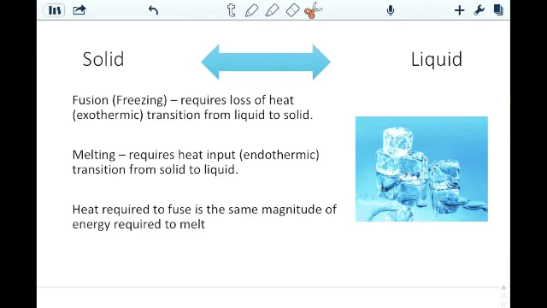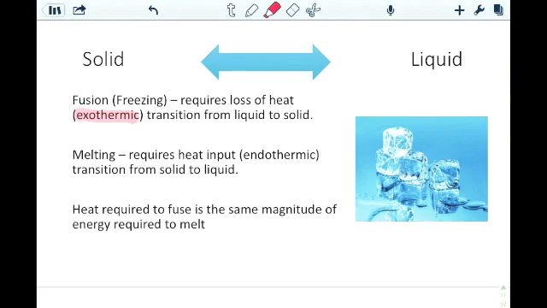Now, we'll go over the basics of going from a solid to a liquid, and going from a liquid to a solid. What we call fusion, which we normally call freezing, requires the loss of heat. This is an exothermic transition from a liquid to a solid. We'll talk a lot more about exothermic and endothermic.